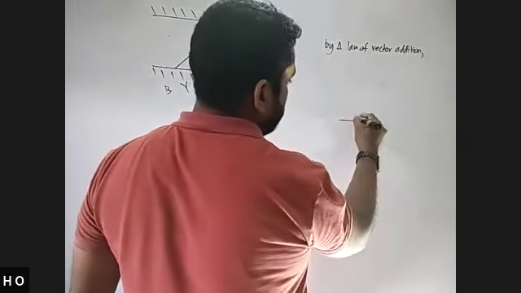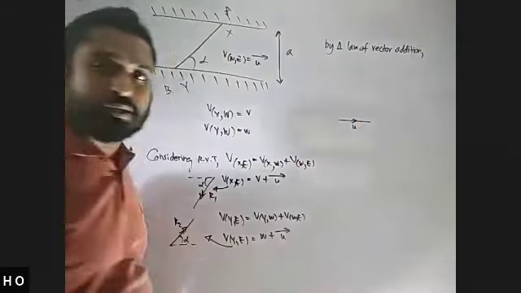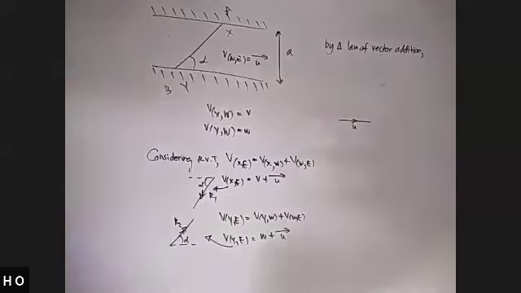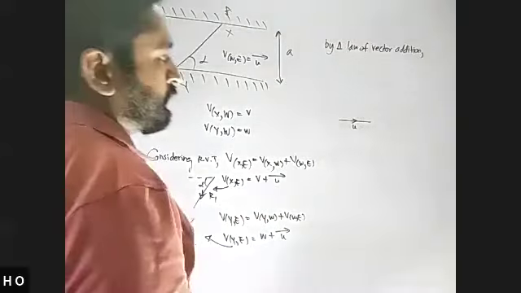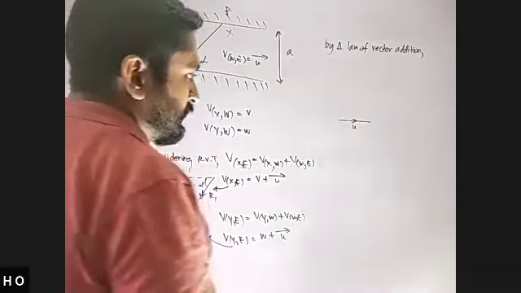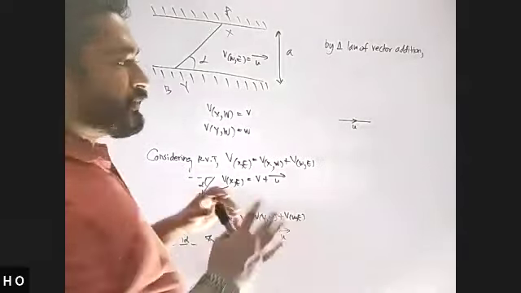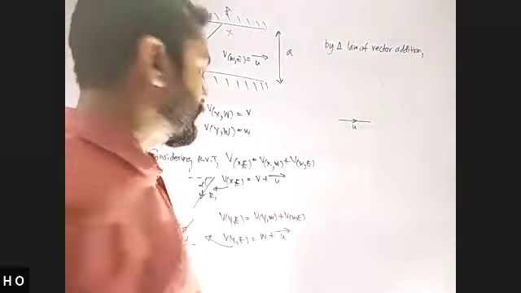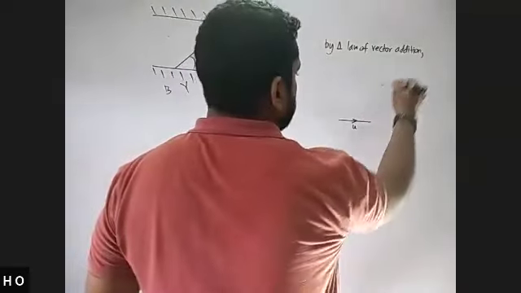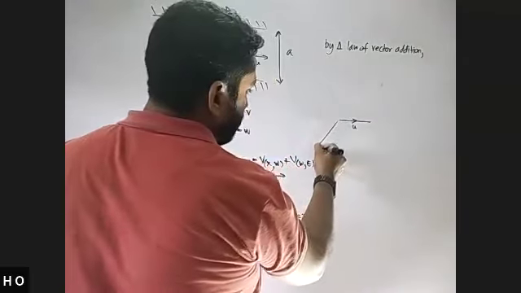Everything is greater than U: V and W are both greater than U. So U plus first V and then W. You can sketch both the triangles in the same diagram. So U plus V, one after the other, is going to be this.